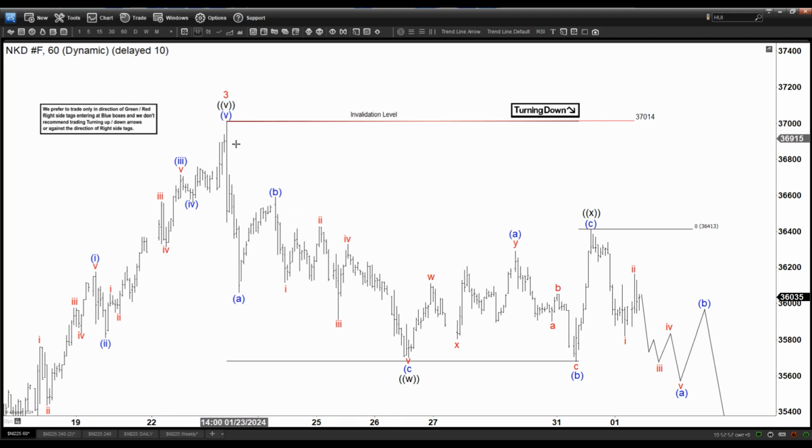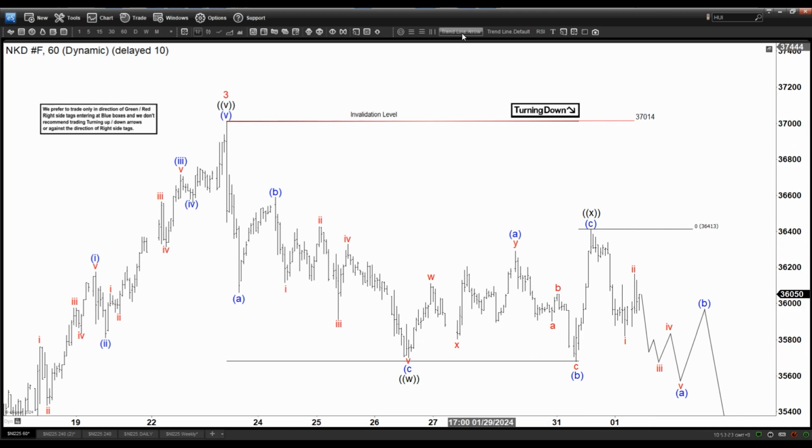It's hard for me to label this as 1, 2, 3, 4, 5, because this is a 3 swing down here. This looks like five waves. So you cannot have a 5 waves down ending 1, 2, and then a 3 swing down ending 3, 4 and then a 5 swing down ending 5. So to me, the entire structure is better counted as a correction, this leg down here, instead of anything like a 5 swing or 5 wave impulse.